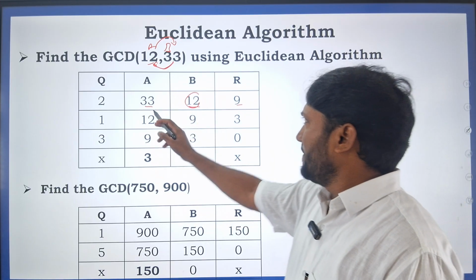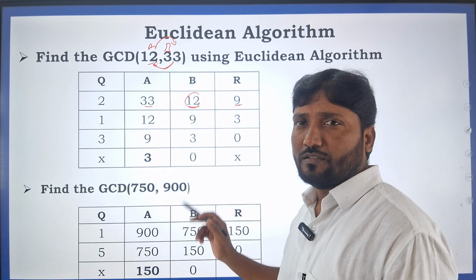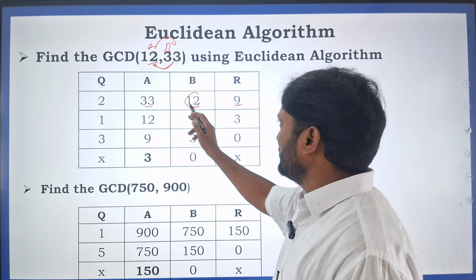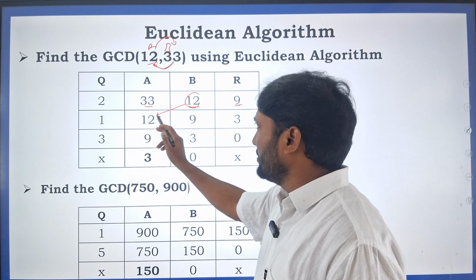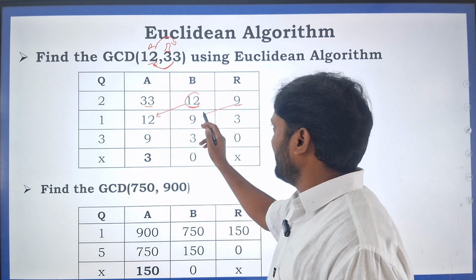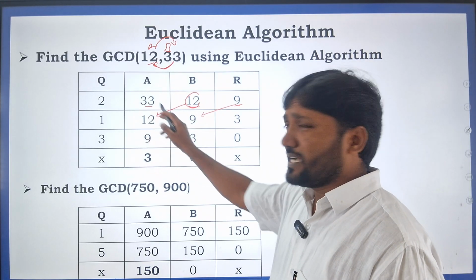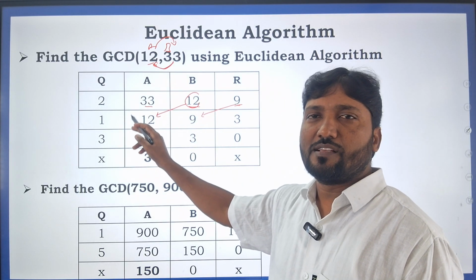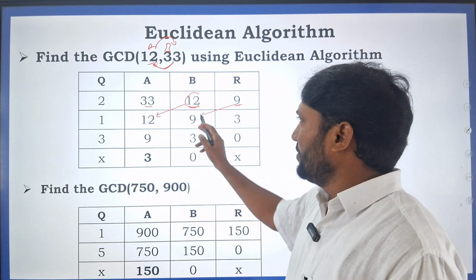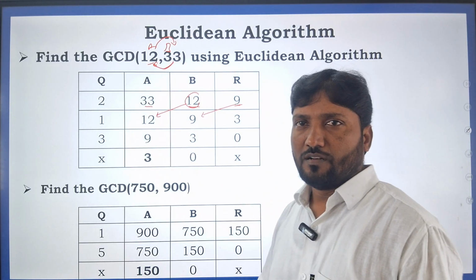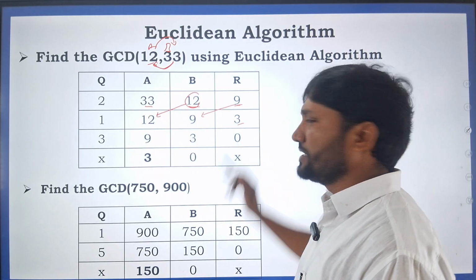Now the remainder 9 is greater than 0, so we replace the B value into A and the remainder value becomes B. Now the condition is true because A is greater than B. Now apply the division algorithm: 9 once is 9, and the remainder is 3.